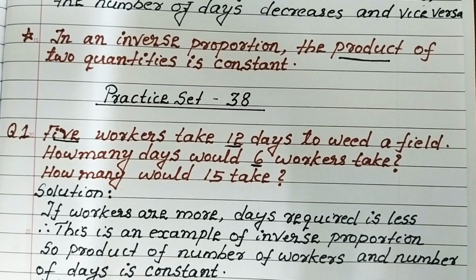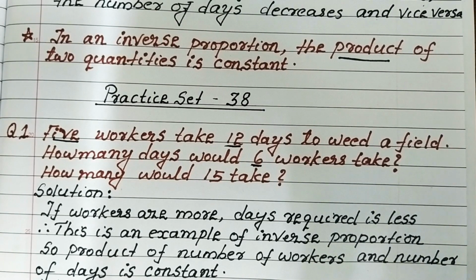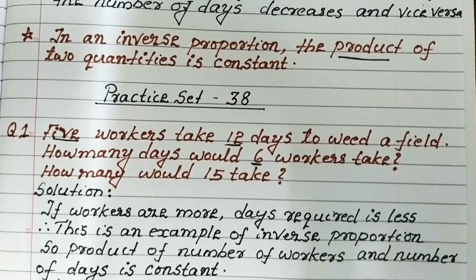If workers are more, days required is less. Therefore, this is an example of inverse proportion. So, in inverse proportion, which one is a constant? The product of number of workers and number of days is constant.